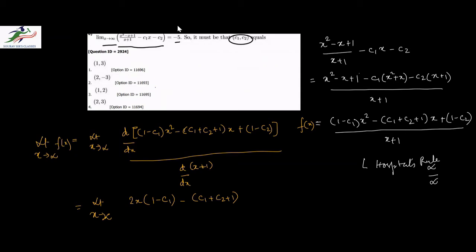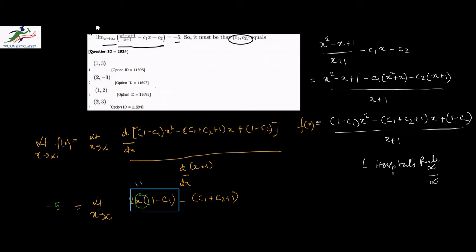Now we can clearly see that since we have an x involved, if I put x as infinity, this function will tend to infinity. But it is given that this function is equal to minus 5 as x tends to infinity. So this can only happen when the first term is 0.